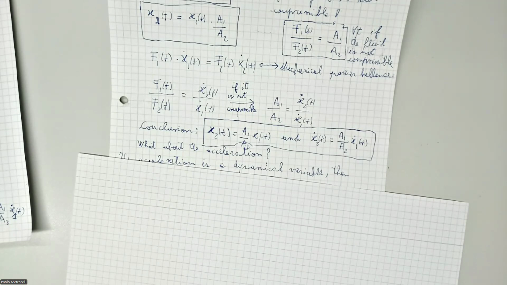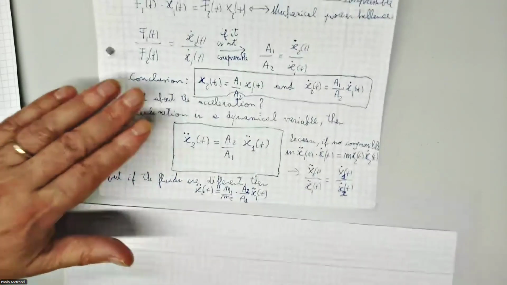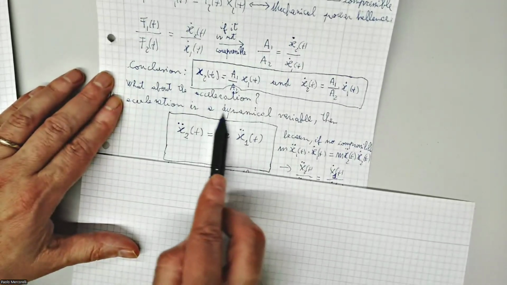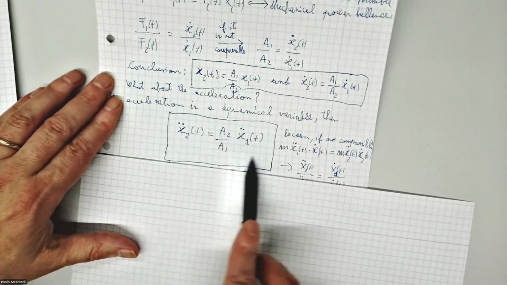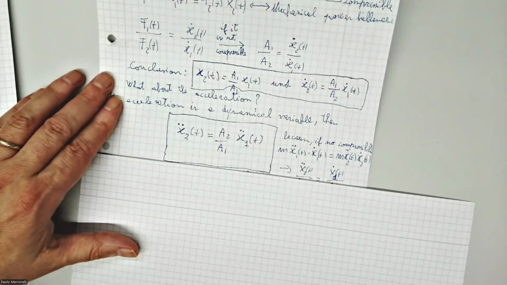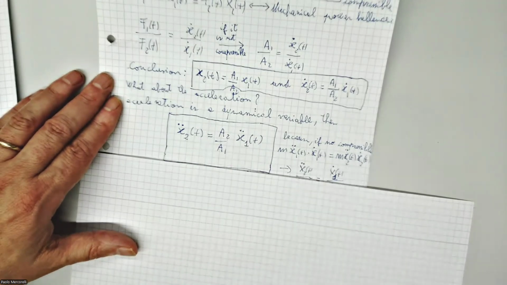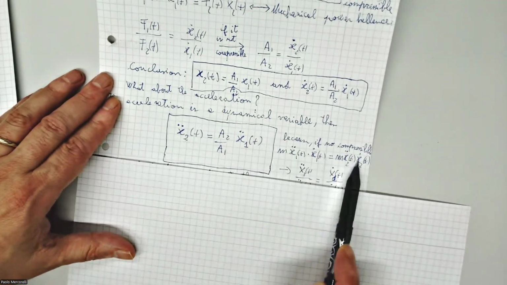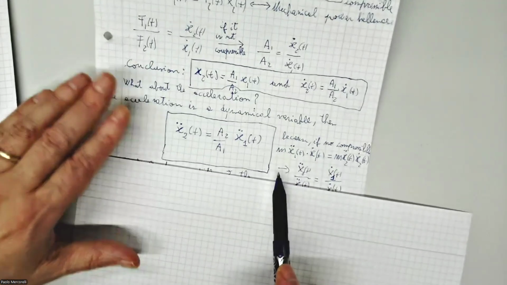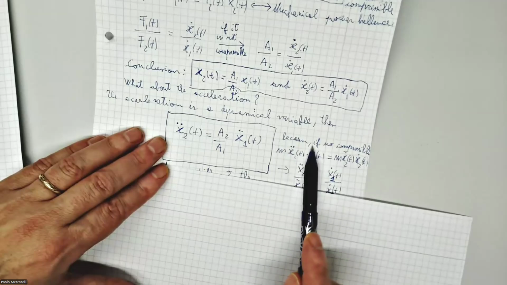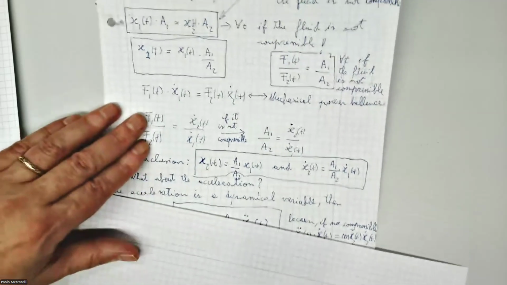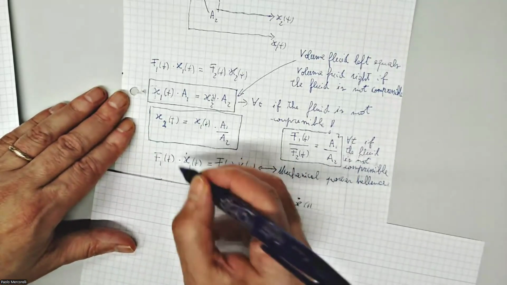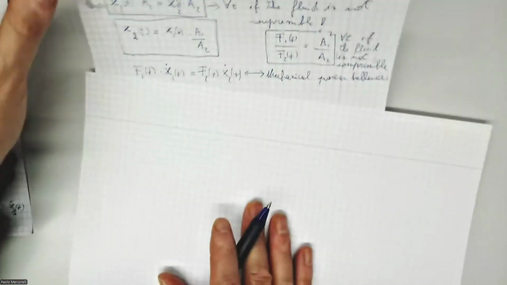In this sense, we have also this ratio. Let me show you what I intend. We have this expression here, which seems to be a little bit of a contradiction with respect to this. But where does this come from? It comes from this equation here, which says that the force multiplied by the velocity on the left equals the force multiplied by the velocity on the right.